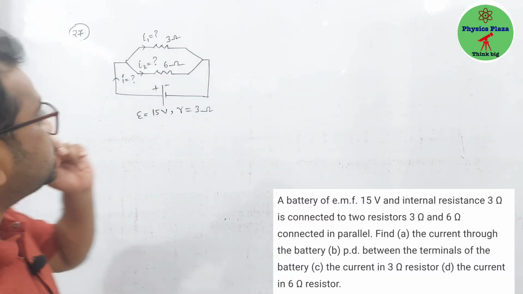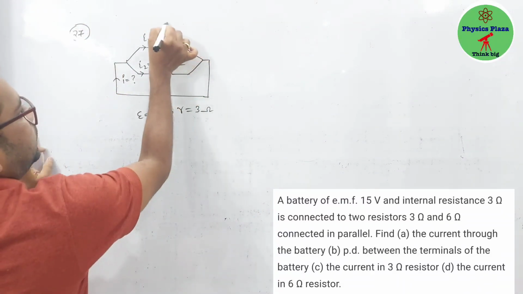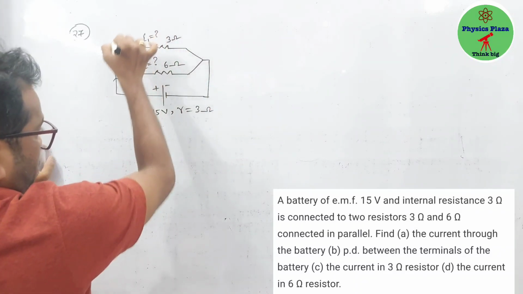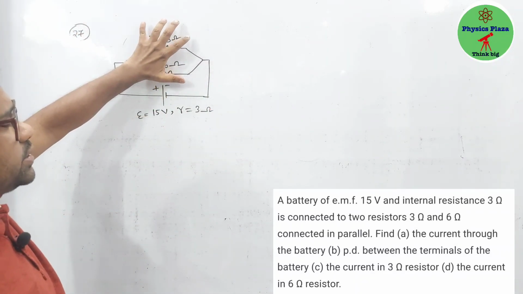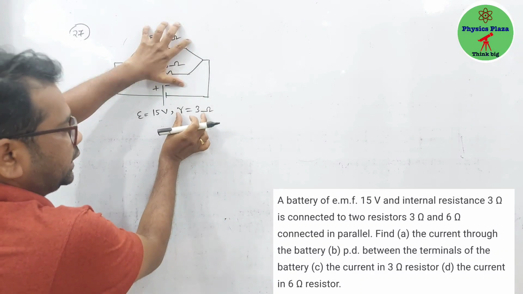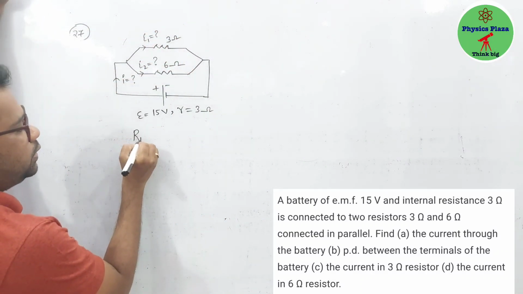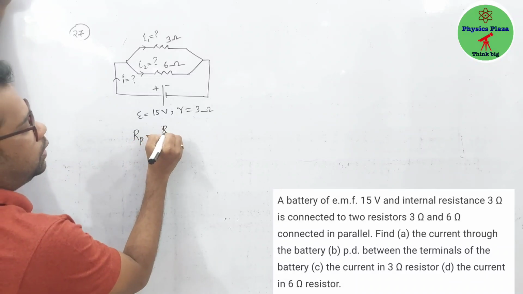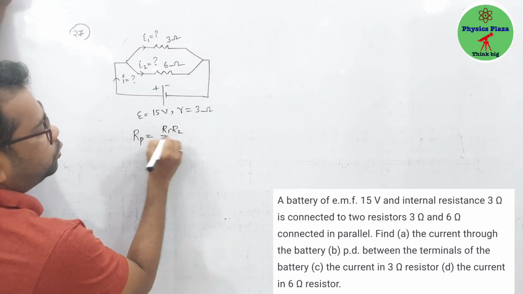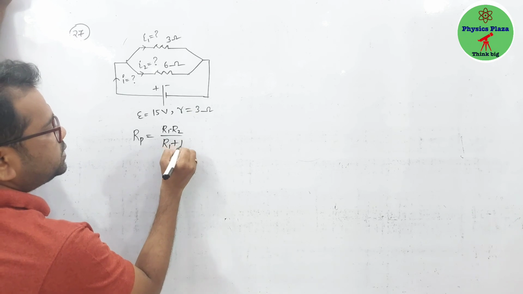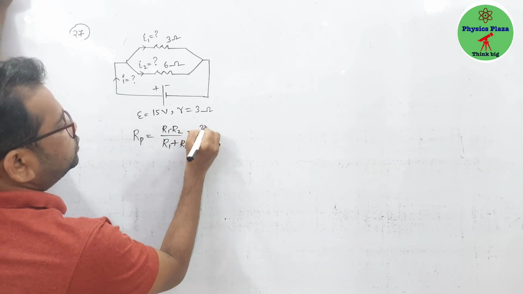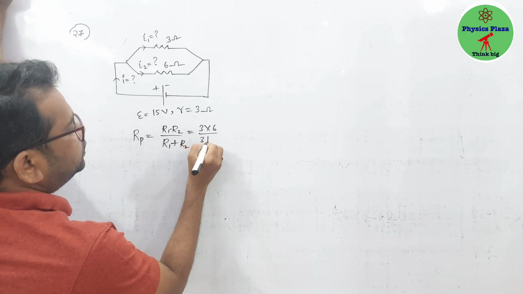Now here external resistors are 2. These two are in parallel. So remember that, children, the total external resistance is always in series with the internal resistance. So first let us calculate this total resistance. As both are in parallel, we know that R1 into R2 by R1 plus R2. So this will be 3 into 6 by 3 plus 6.